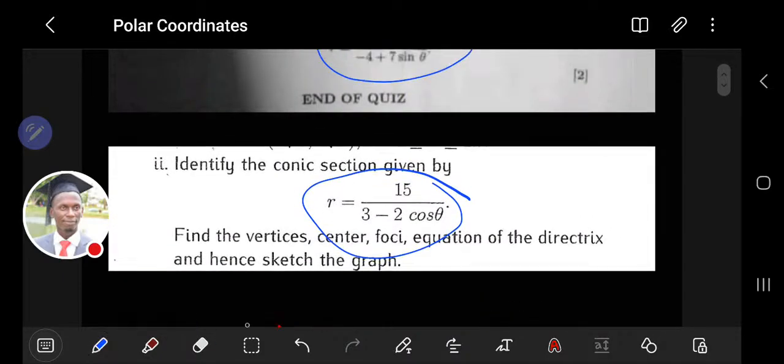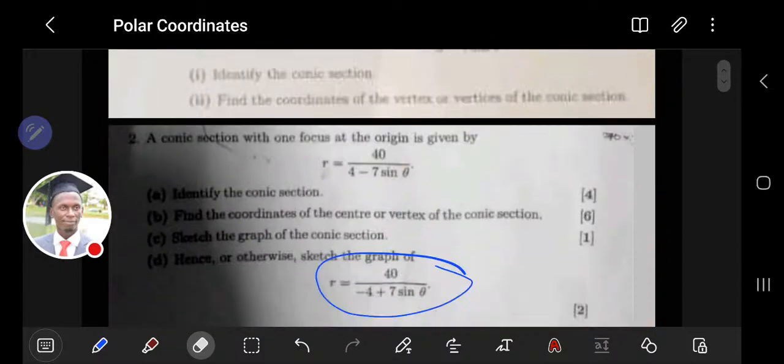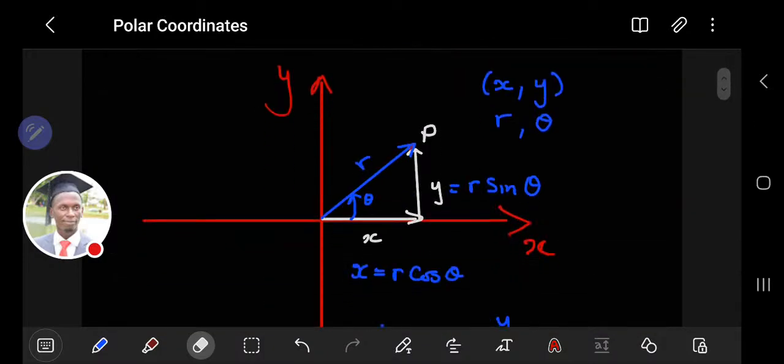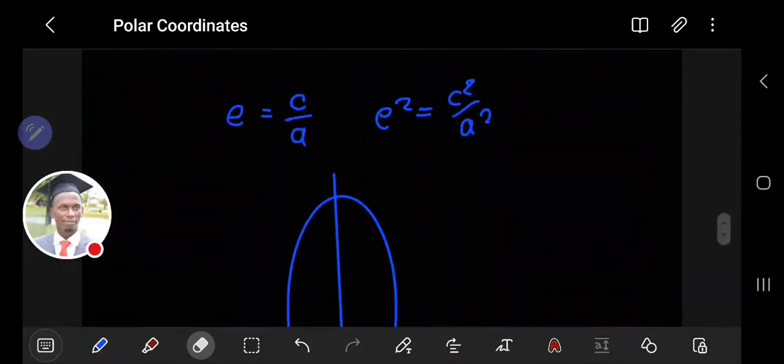We might not do all of them, but we're going to do a good number of them. So this is what we are going to do tonight. All this writing is from the recording from the previous session. Now I want to see polar equations of conic sections.